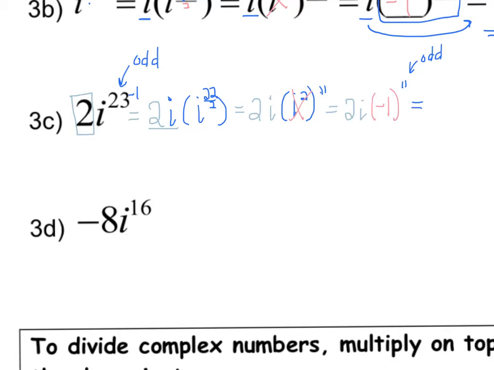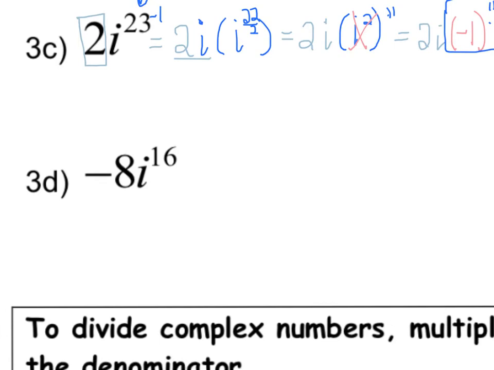If you can't figure that out in your head, it's okay. You can still go to your calculator and type in parentheses -1 to the 11th power, and it will tell you the answer is -1. So in front, we still have 2i. We have to multiply it by the answer to that, which is -1, and our final answer is 2 times -1, which is -2 with the i after it.